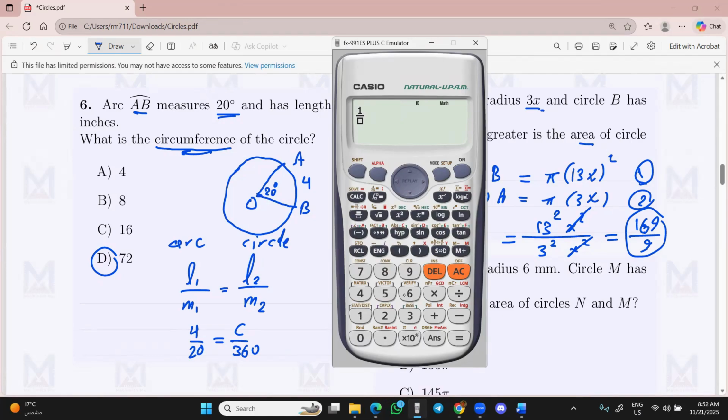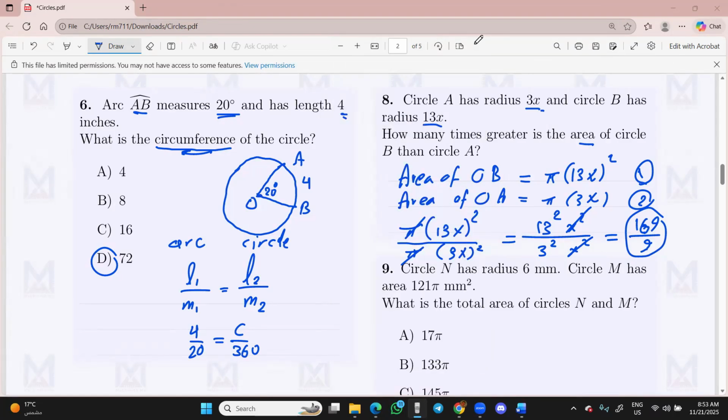If you want to make it a decimal, it can give you some repeated number like this one. So it's recommended to keep it as a fraction as it's given here.